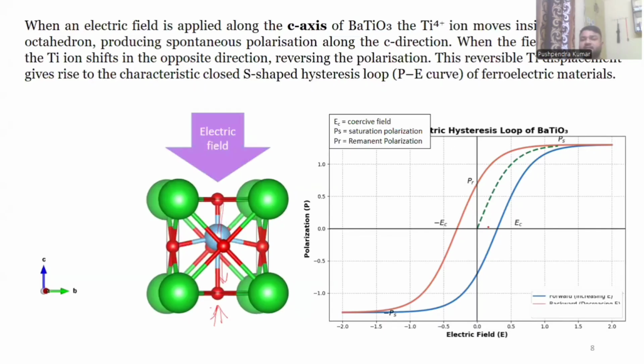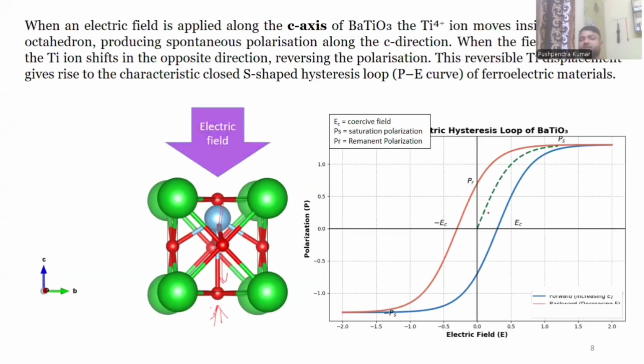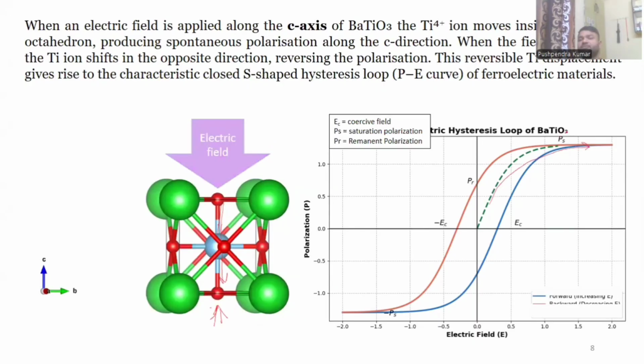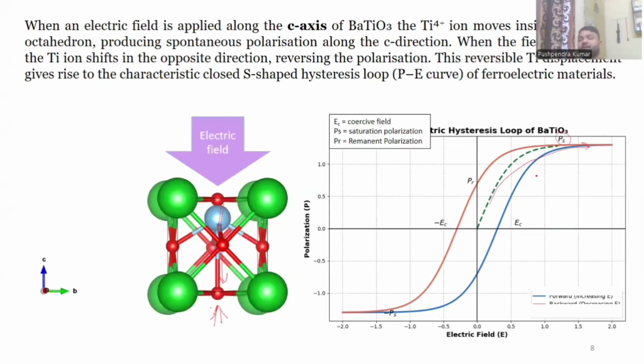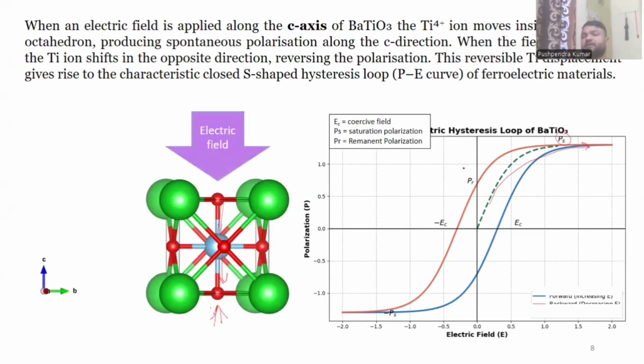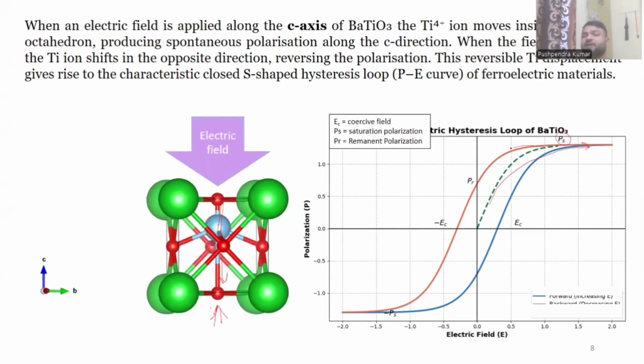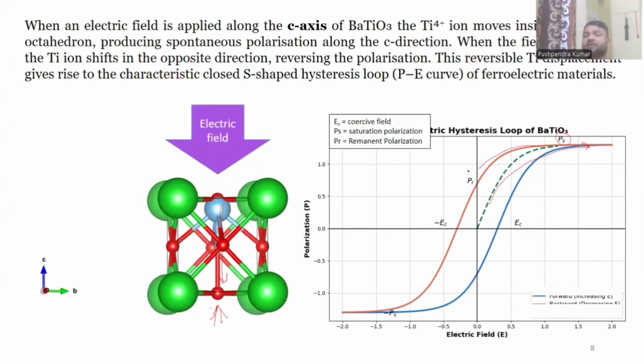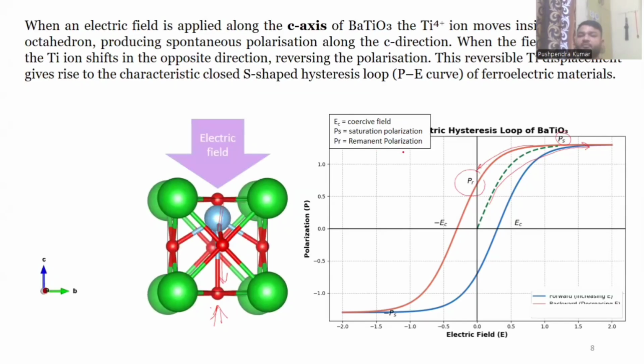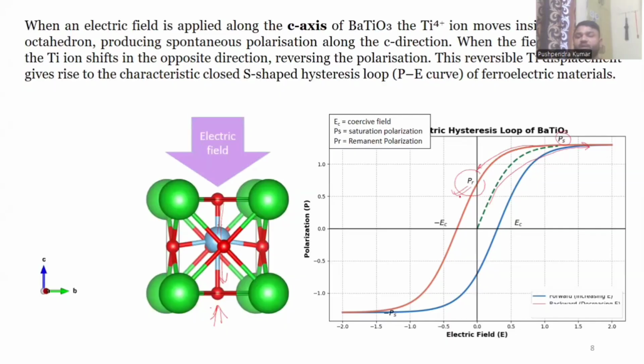As we increase the electric field, the polarization reaches a maximum, where all dipoles align in one direction, which is called saturation polarization. But if we decrease the electric field, the polarization starts decreasing, and some dipoles retain their alignment, so some polarization is retained, which is known as remanent polarization.